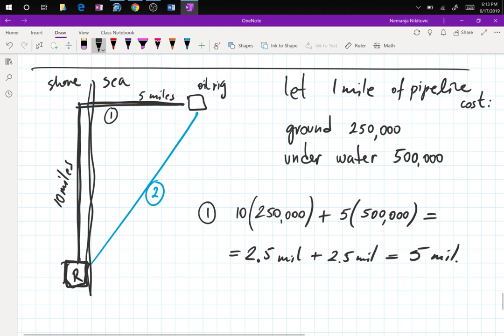So 5 million to build the black path, right? We have 10 miles on the ground, 5 miles underwater.